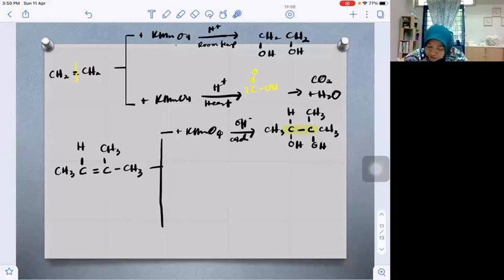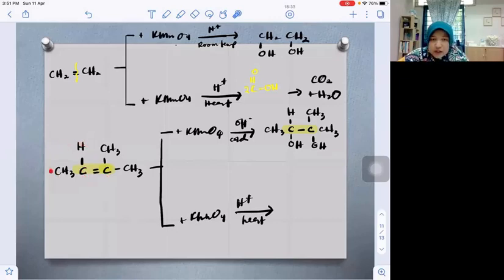Then the next one, if it is reacted in the strong oxidation with KMnO4, H plus and heat, focus on the carbon-carbon double bond. On this side we have a secondary carbon, because it is attached to two neighbor carbons.